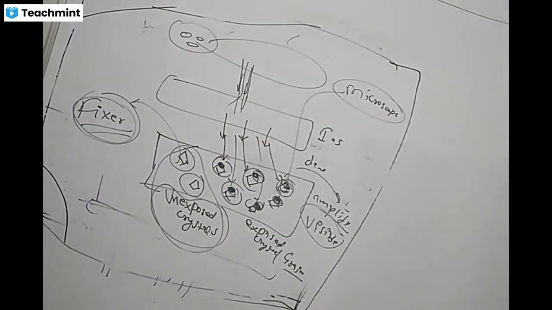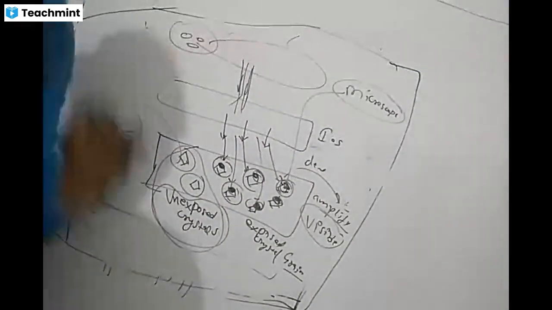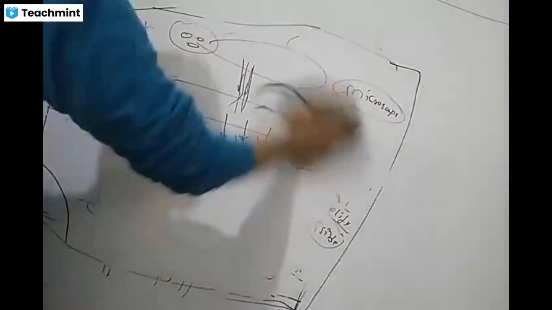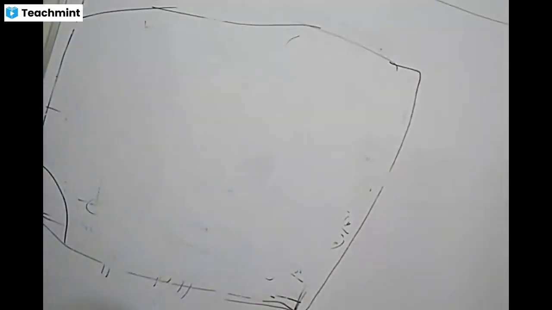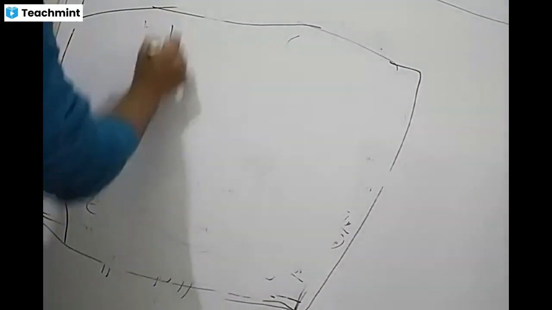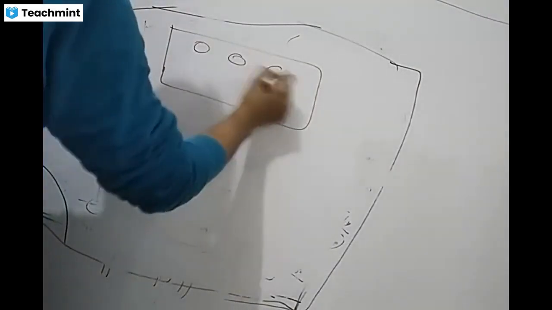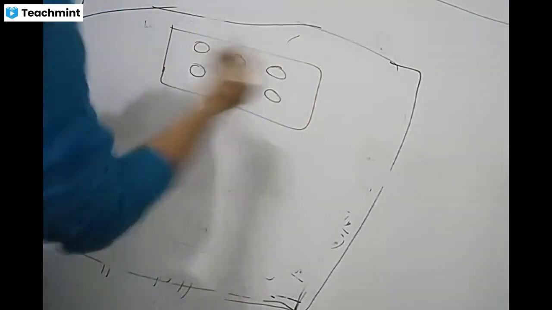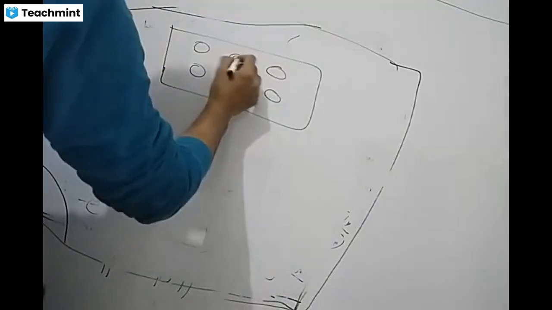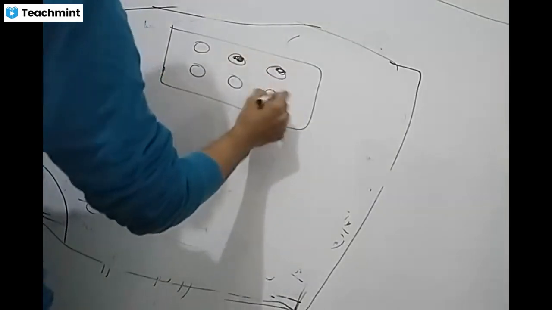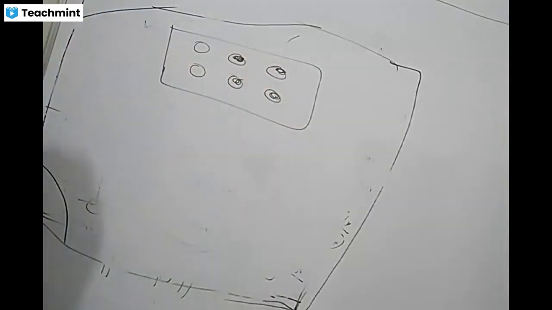So if we look at the composition of a latent image and a true image, this is the emulsion which has these 6 crystals. Out of these 6, these 4 have latent image, but these 2 do not.